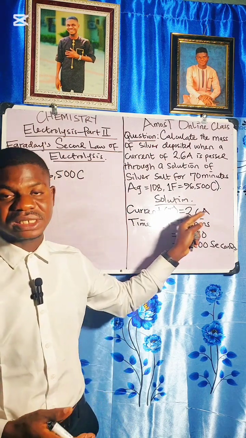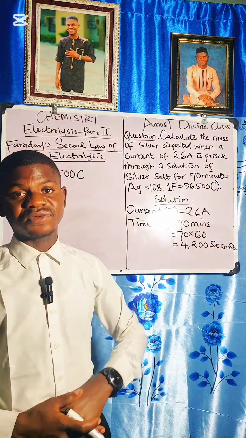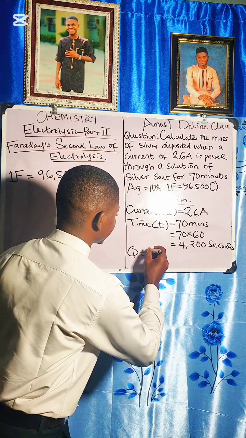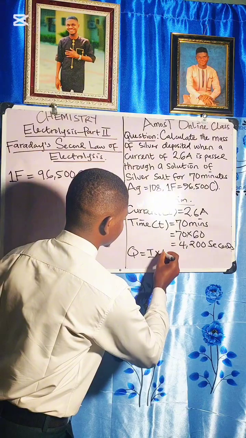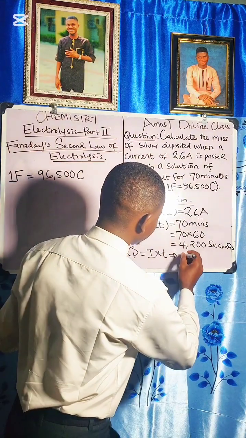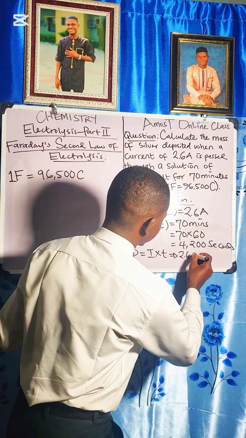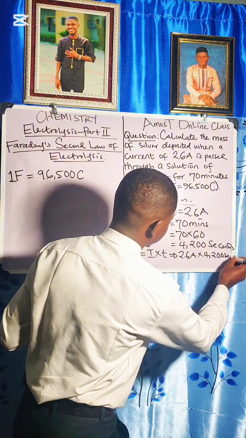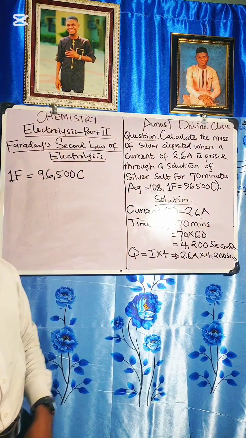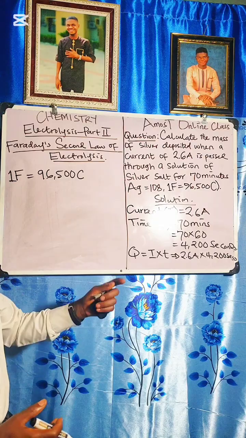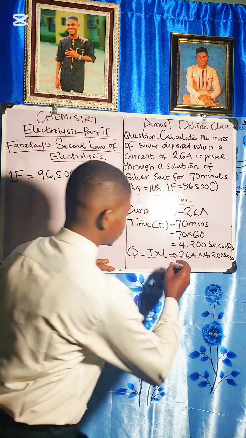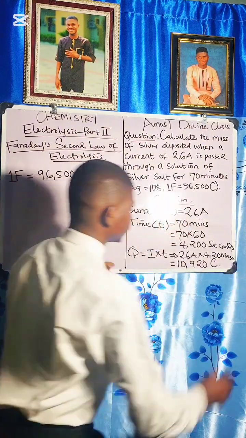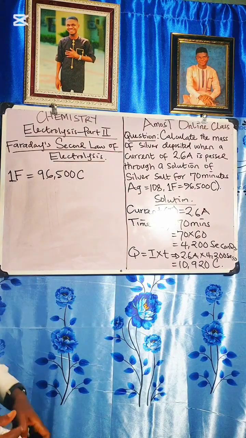So we multiply 2.6 ampere by 4,200 seconds, which gives us 10,920 coulomb. So the quantity of electricity is 10,920 coulomb.